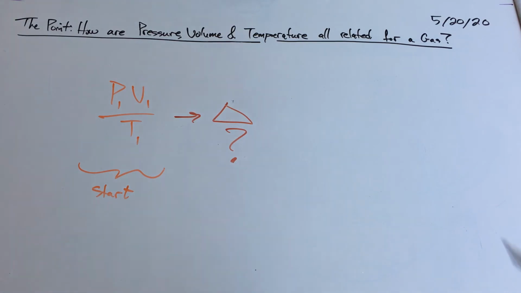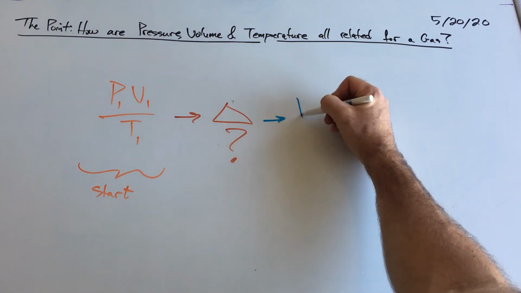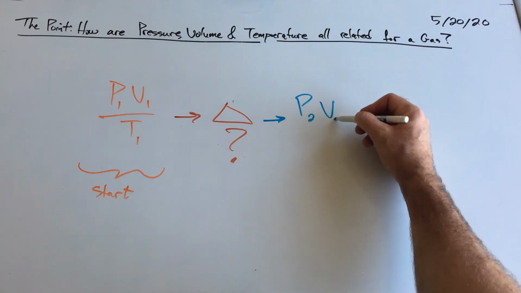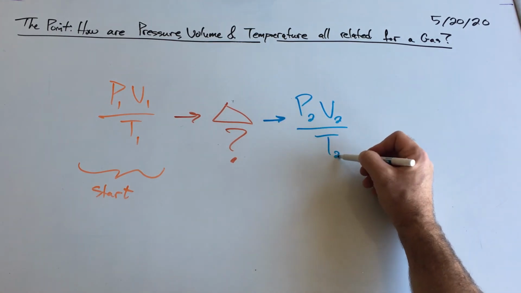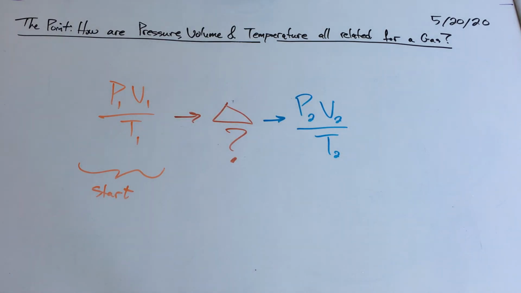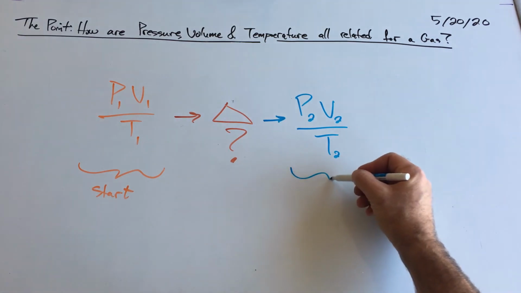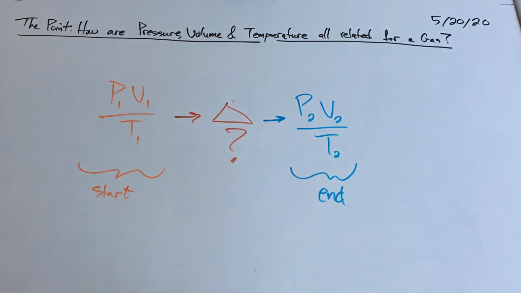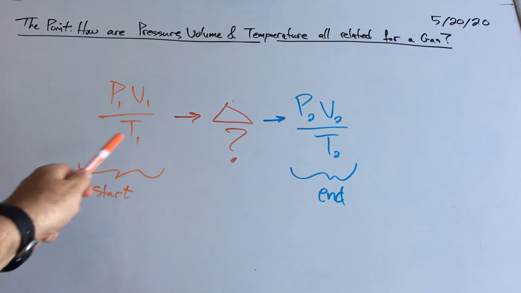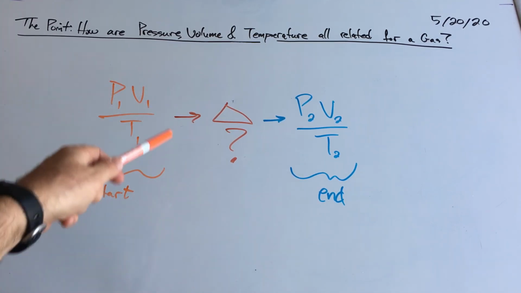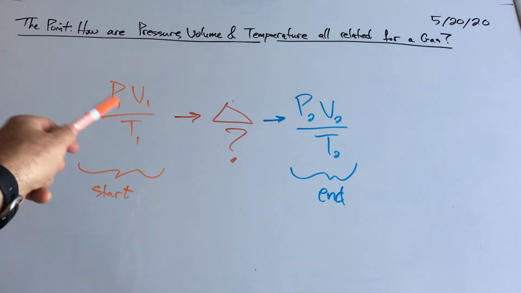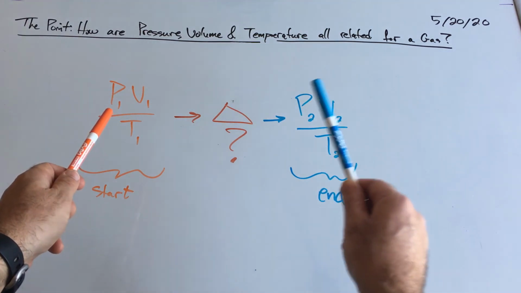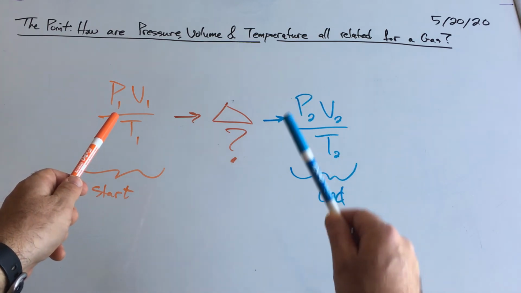And then the question becomes, now, how does everything pan out? So this is at the end. So at the initial, we take all of the measurements that we want because nothing's happened. This is the beginning.